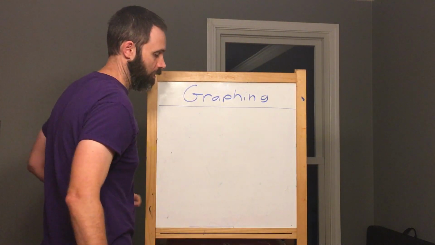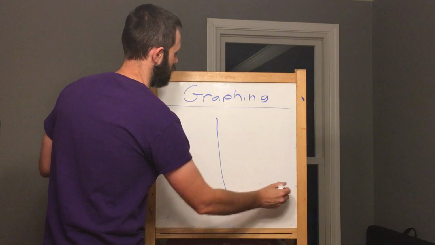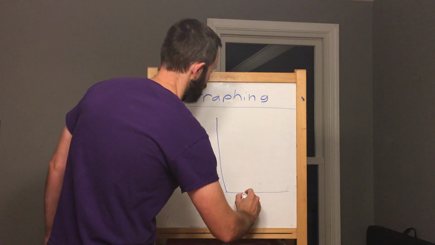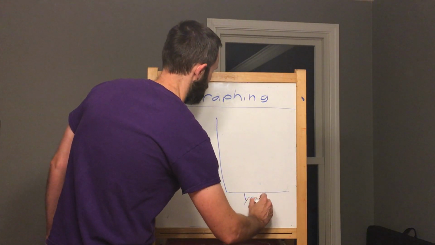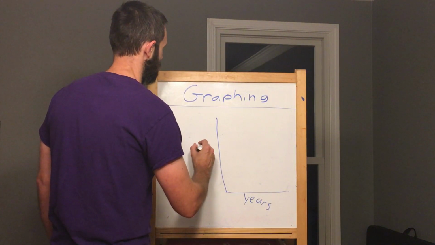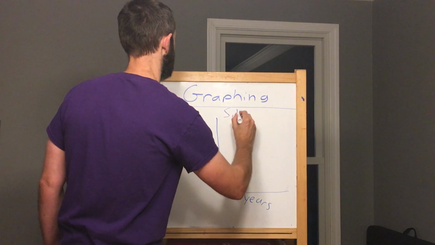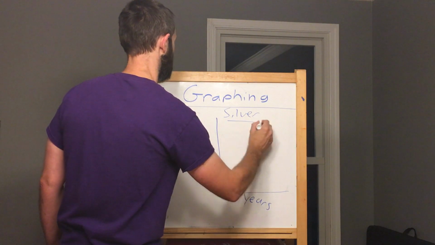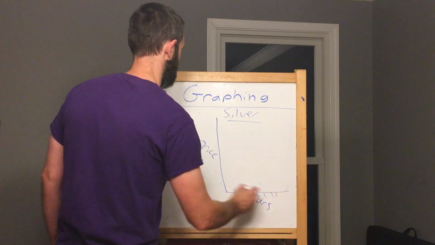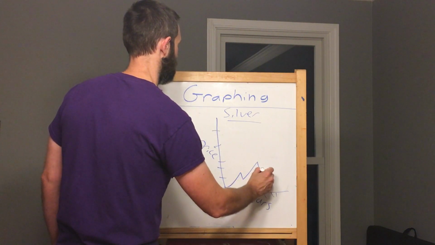Popular when it comes to any kind of major financial chart, usually you'll see something like this, all right? Over here you've got years, and then over here you've got, we'll say, price. And on the top, maybe it says something like silver. So you're looking at the silver cost over X number of years, and then you've got the different price fluctuations.